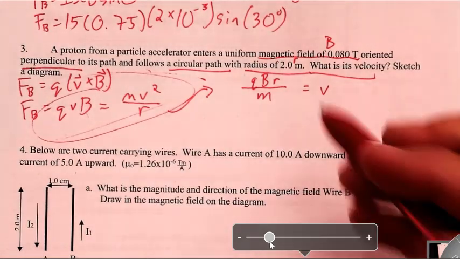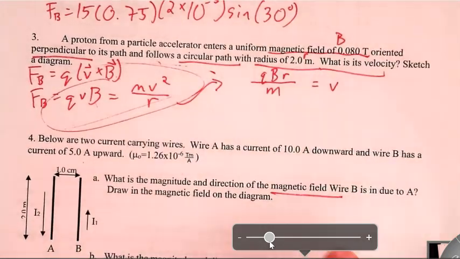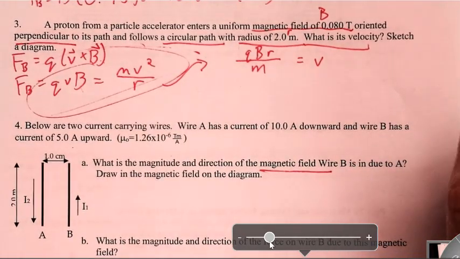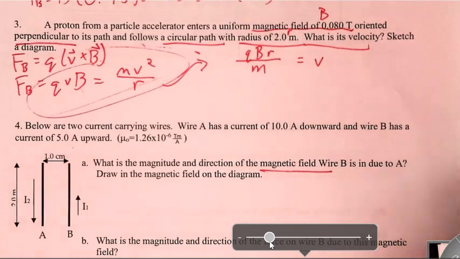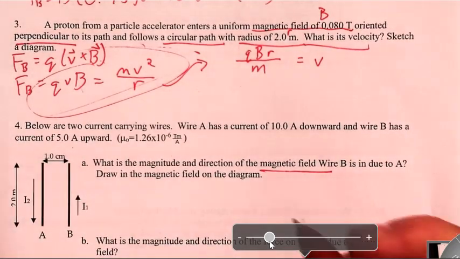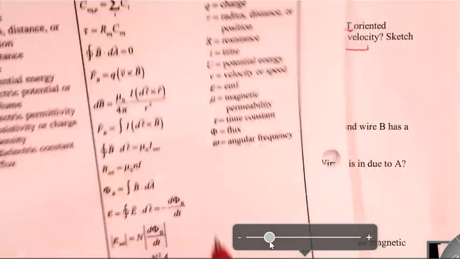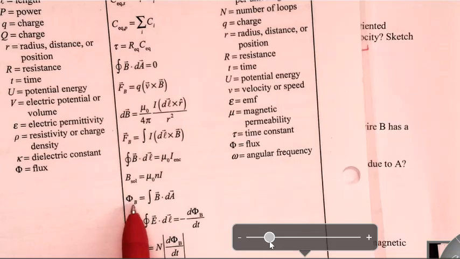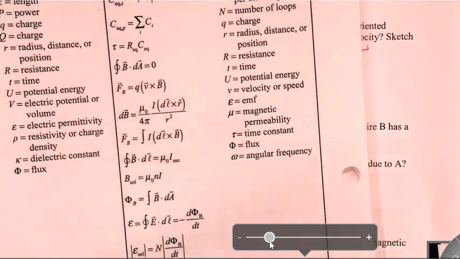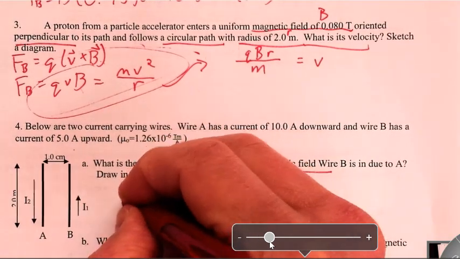Okay, this you can either memorize the magnetic field of a wire, or you can solve it. I'm just going to solve it, just for funsies. And I'm going to use Ampere's law, which is here. B dot dl is equal to mu naught I enclosed. So let me just write that down.